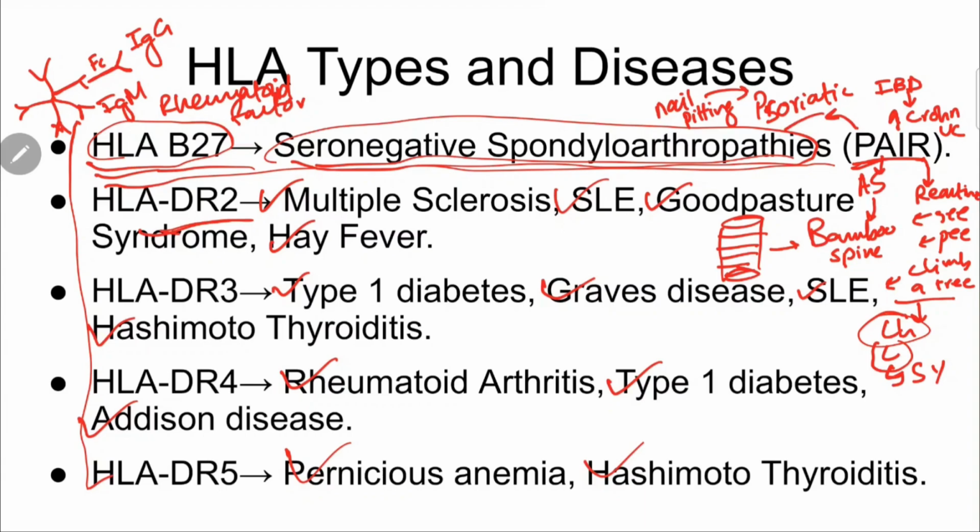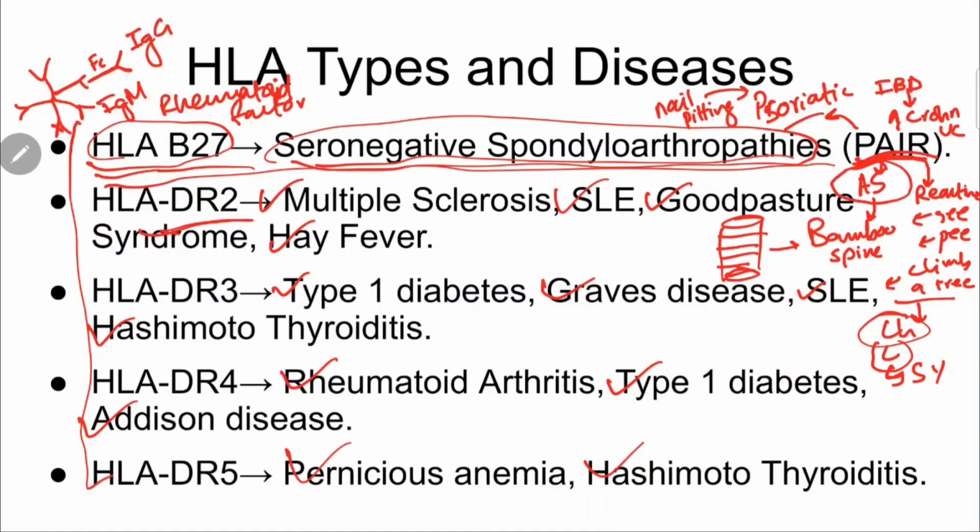And one other thing that I just remembered: you see these diseases, this constellation, it is very important for you to know. Let's say that a patient has ankylosing spondylitis, and in the question they give you very vague answer choices, and you're thinking, wait, these are not related to anything.